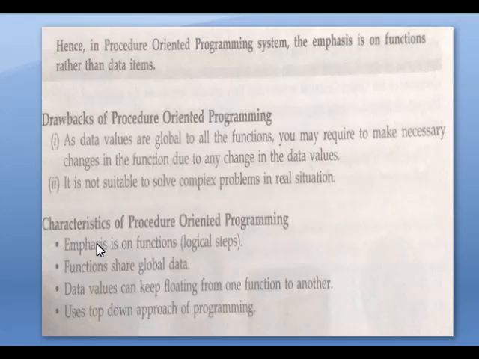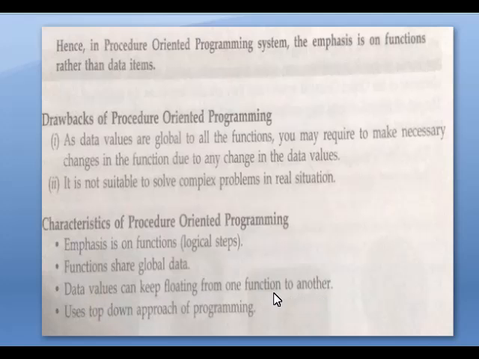Now we are going to see some characteristics of procedure oriented programming. The first is the emphasis is on functions, the logical steps. Functions share global data. The third one is data values can keep floating from one function to another.